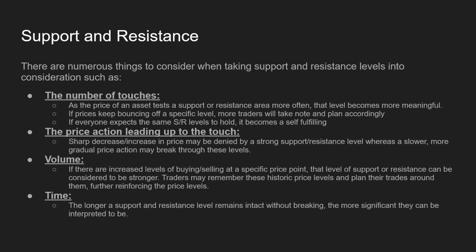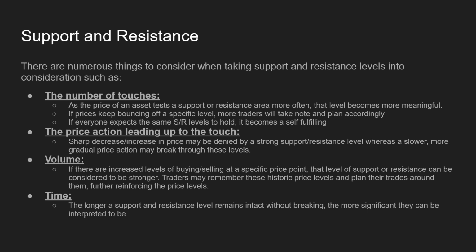If, let's say, Ethereum has struggled to fall below the $3,000 price level and has multiple instances of that level being tested over time, whether that's in days, weeks, months, years, and the price of the asset repeatedly fails to fall below that 3,000 level, we could say that, hey, that's a really significant price level.